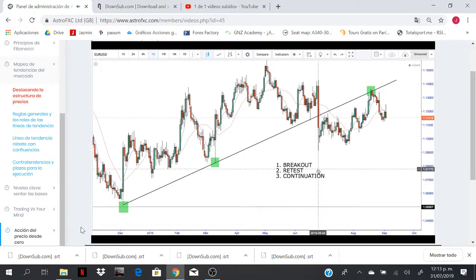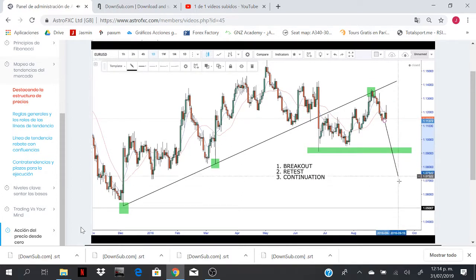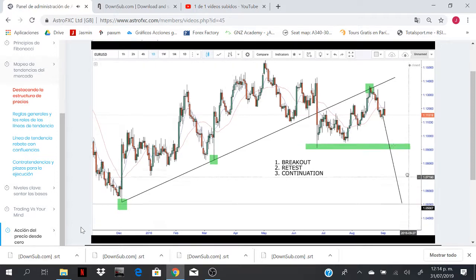This will happen on 90% of the breakouts that will occur. Okay, so the market will pull straight through it, retest it, and then continue. The continuation only occurs when the initial low of the breakout, okay, the initial lows have been taken out. That is what you call the continuation. And this is what a conservative trader would wait for.